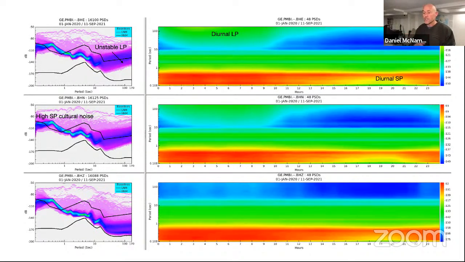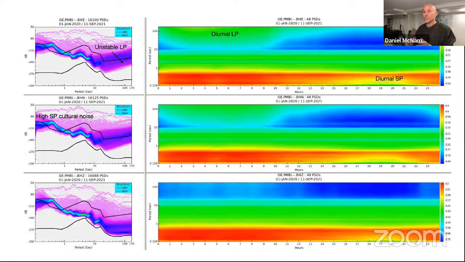These Streckeisen STS2 sensors are very, very sensitive. So again, digging deeper into the ground, getting on bedrock, isolating it from the walls of the vault, and insulating will go a long way to improve the long period noise. The cultural noise, the short period, that's more difficult.